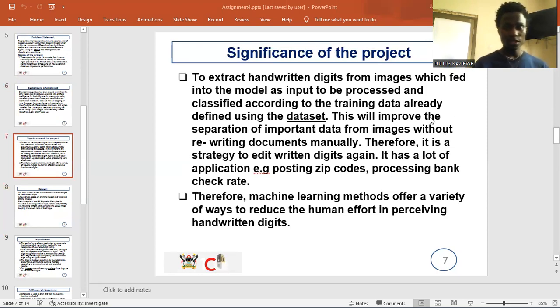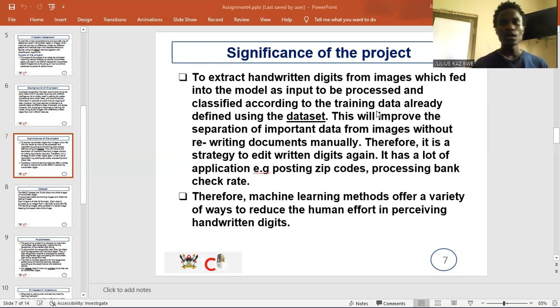The significance of this project, as I mentioned earlier, is that it's really helpful. We might need to extract important information from our documents and all sources that we might have, and we may not want to rewrite whatever we already have.